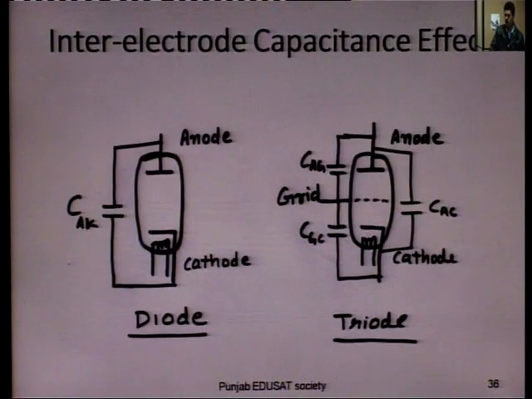We apply input to the grid and get output at the anode terminal. If the reactance is very small, definitely the output will couple back to the input. As a result, the gain will fall. So, this inter-electrode capacitance reduces the gain of an amplifier at microwave frequency. That is why vacuum tubes can't be used for microwave frequency.